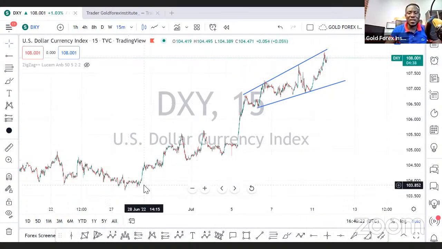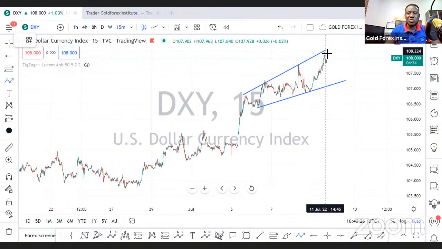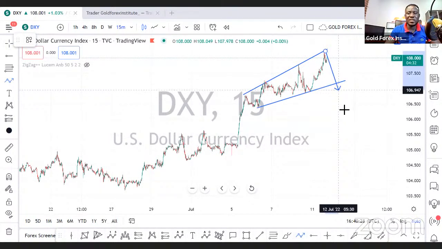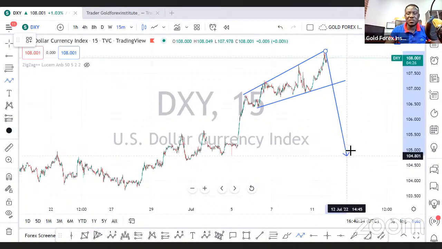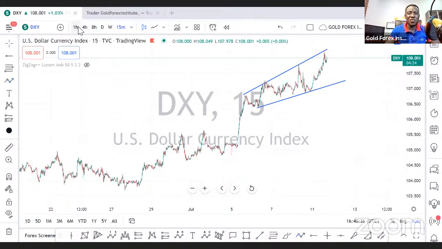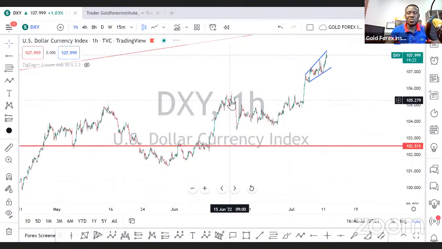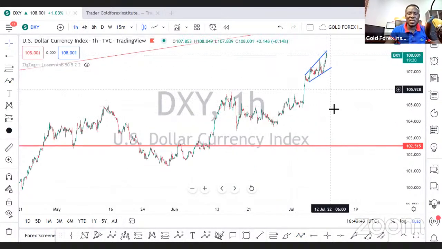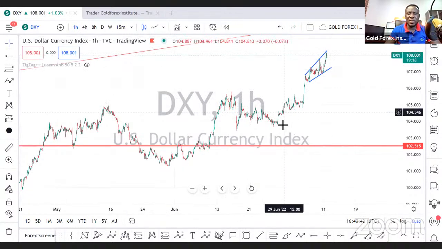I expect the yen to be weak for some time before the final move. So probably the dollar could fall to this level or even break down to these levels before any other move. It will still go up, but I'm expecting a downward trend over here.